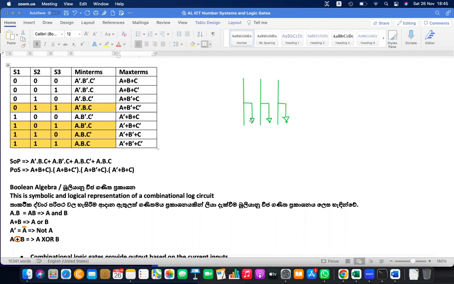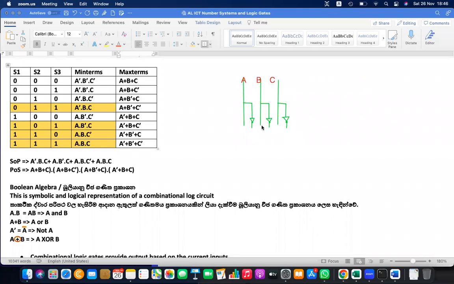So this way it's easy, right? First name this as S1, S2, S3, or like we have renamed that also. That is also okay. A, B, and C, just give the name.